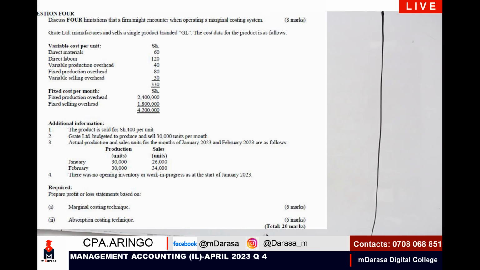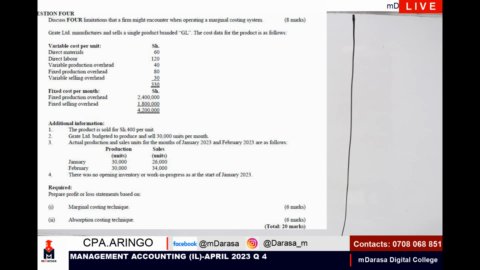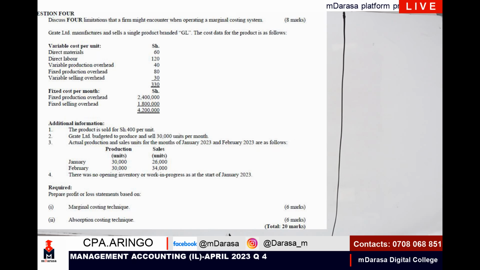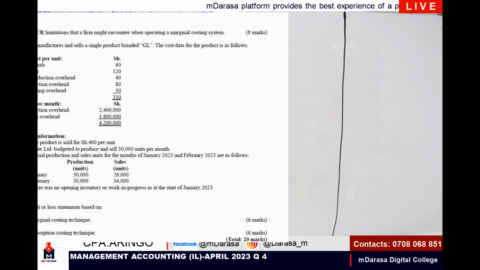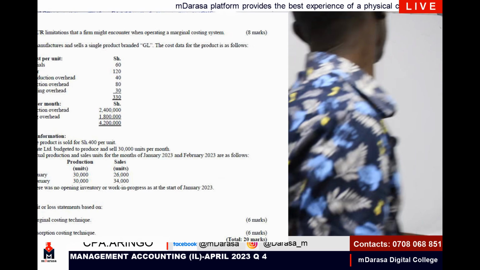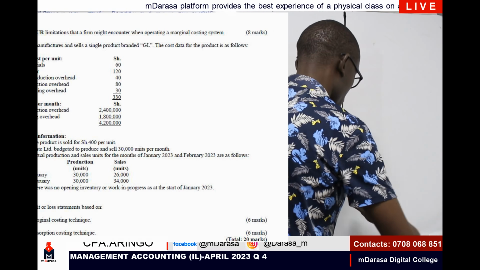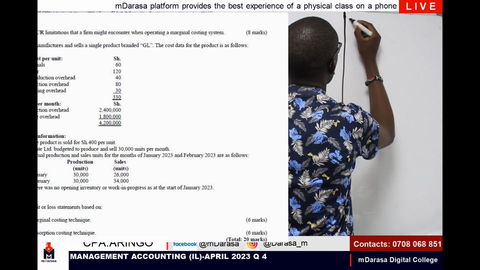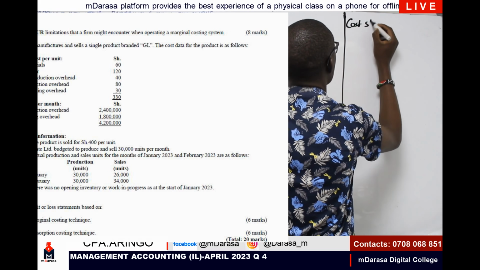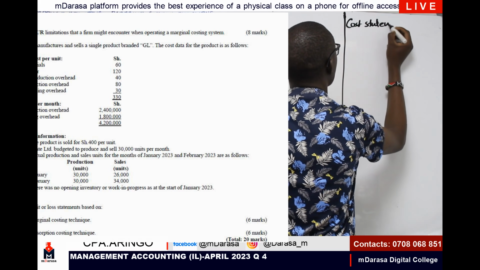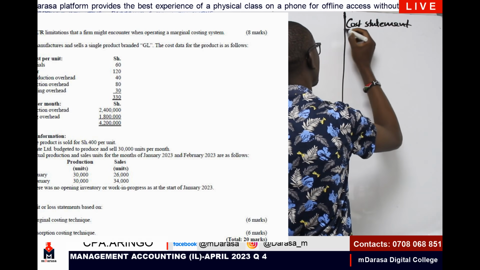So I want us to prepare our product cost statement, okay? This is the product cost statement that Mwalimu is preparing. I'm squeezing it here.